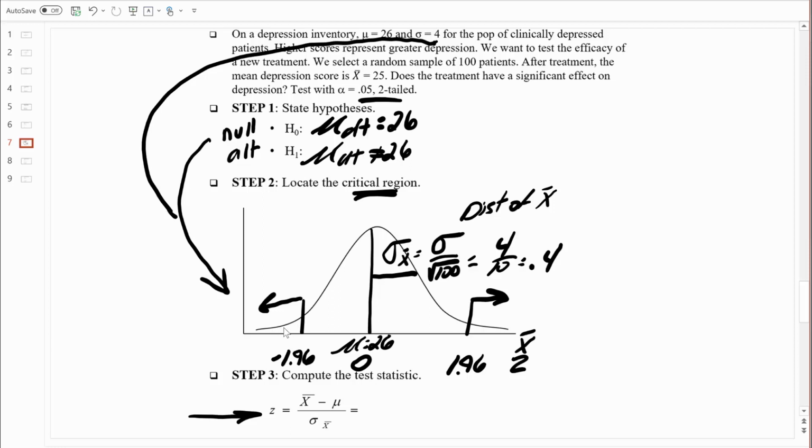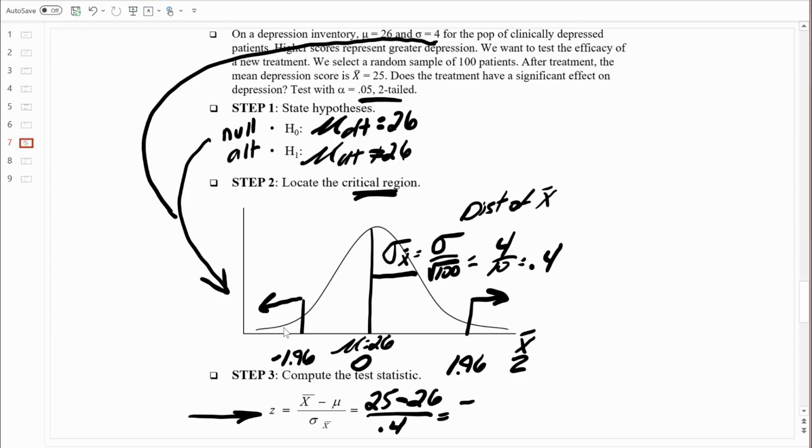Let's go ahead and transform 25 into a z-score. So for that sample mean x bar, we're going to stick in 25. Then we're going to subtract the population mean, which is 26. So that difference right there represents differences we actually see. And then we're going to divide by the standard error of the mean, which measures differences we would expect just by chance. And in this case, that value is 0.4.